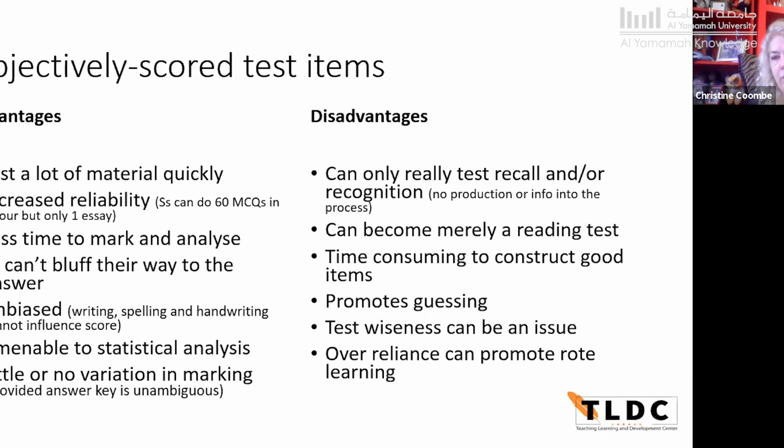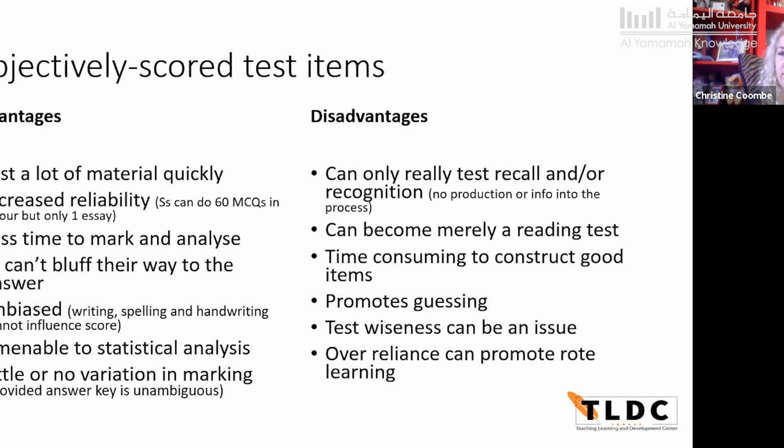For example, there's one bit of test wiseness that students always hear. If you don't know the correct answer to an MCQ, choose the longest answer. And more often than not, when students do that, that answer is correct. Because when teachers write MCQs, they include more information in the answer to make sure that it is unambiguously correct, which oftentimes results in a longer answer.